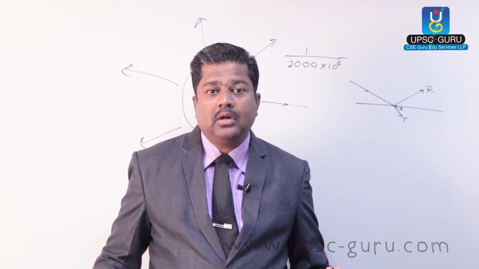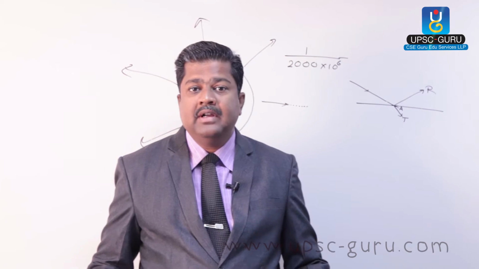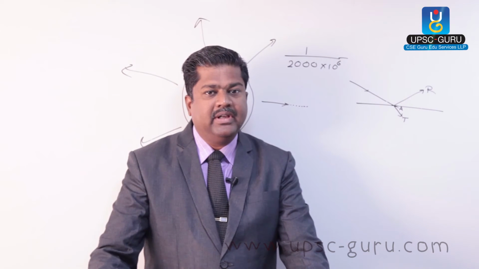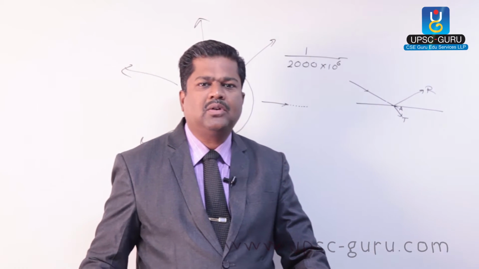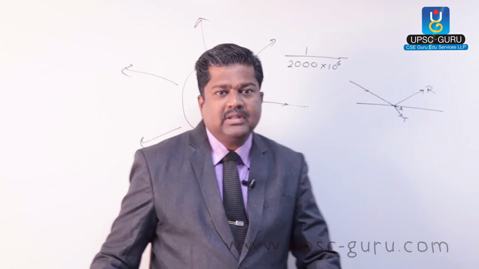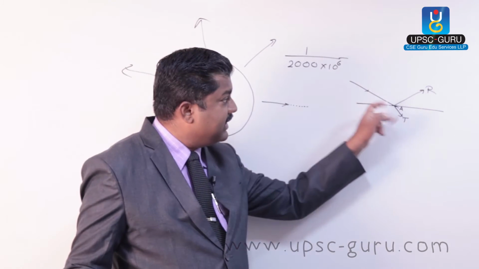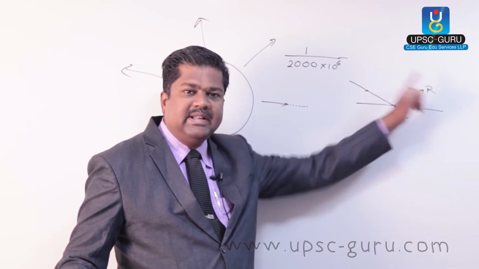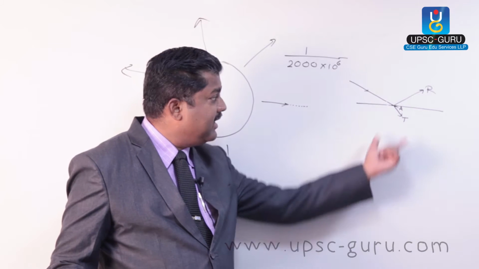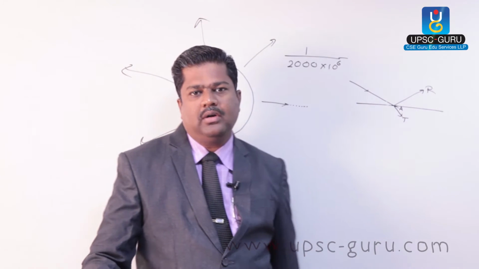It is not 100% black, because you are aware that no perfect black body is there. So we are saying it is almost grayish, but towards blackish side. What is the meaning of that? Whatever incident radiation, incident means whatever the radiation coming on it, out of that very less is reflected back. Remaining is either absorbed or transmitted.